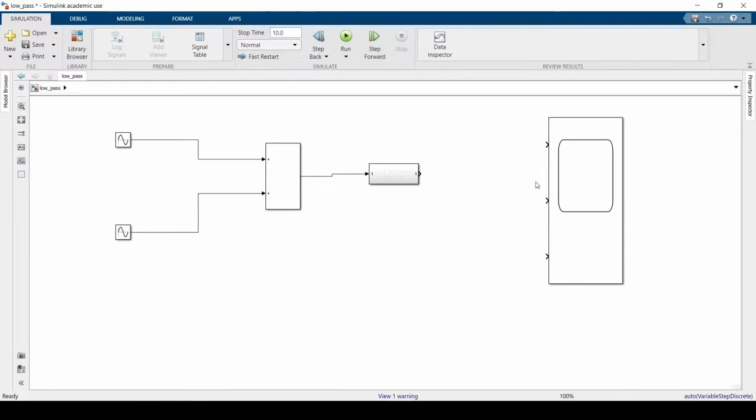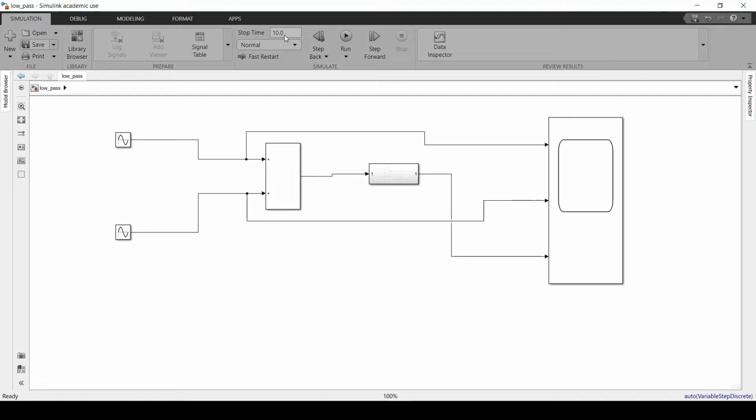There are 3 ports to the scope, and the first thing we need to observe is signal 1. Let's observe signal 1, and the second thing to observe is signal 2. And the third one is the output of the low pass filter. Okay, so I think we are done with constructing the low pass filter. Now just save this and run.